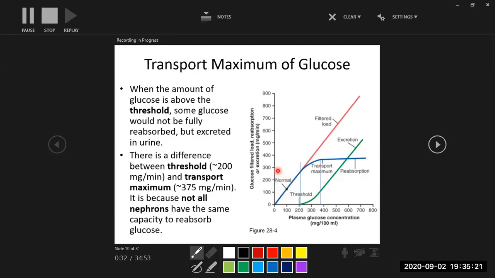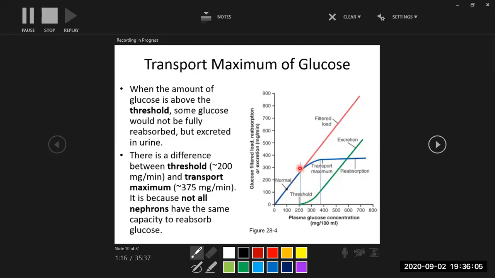If our blood has too much, like 300, sorry, here is the plasma. So if the plasma is 200, then it quickly reaches the threshold. And here is the one to see the excretion. If we reach this threshold, we will basically have some nephrons that reach their capacity, and we will see some glucose in the urine.